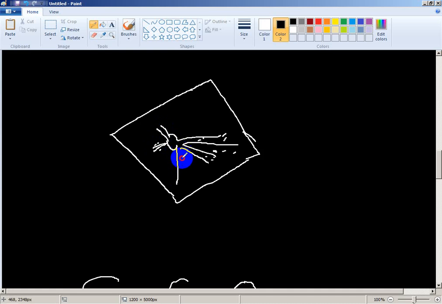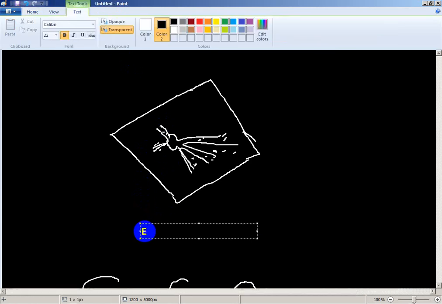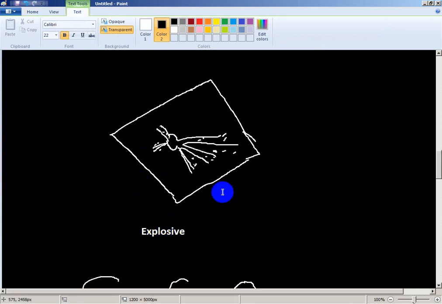Everywhere this chemical is spreading. So this is the explosion sign, the explosive sign. Then you write this sign's name, explosives. Explosion occurs easily with these chemicals.